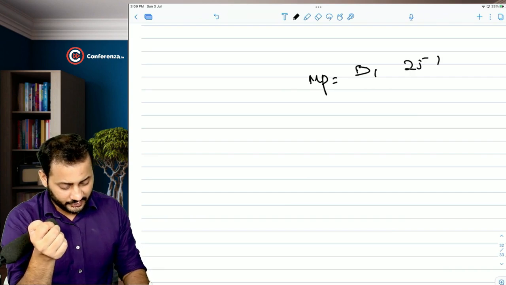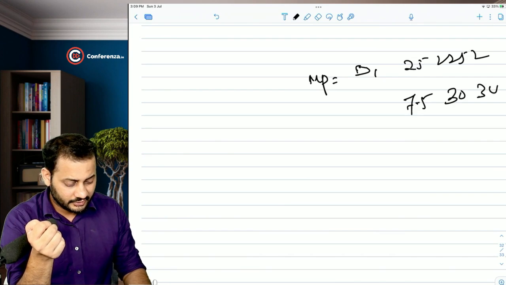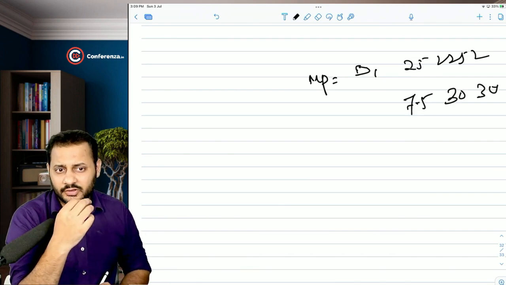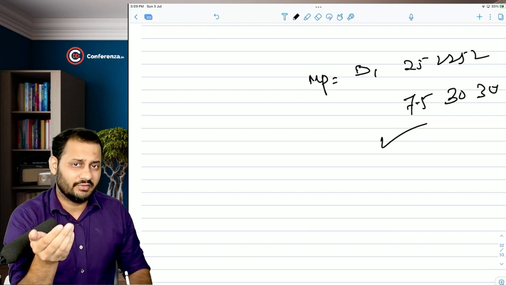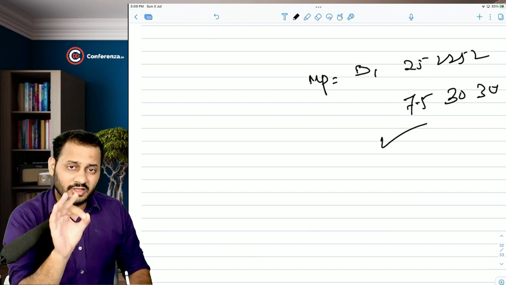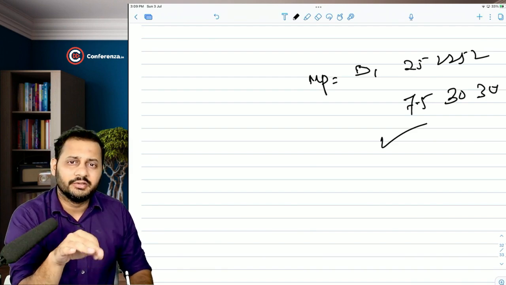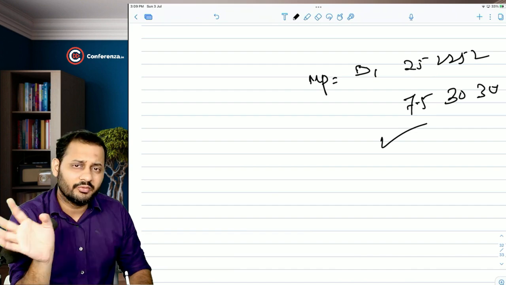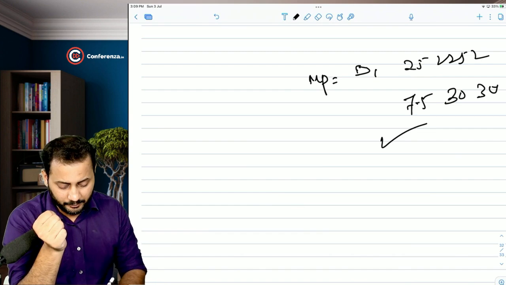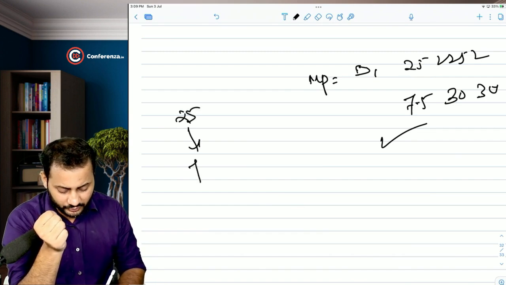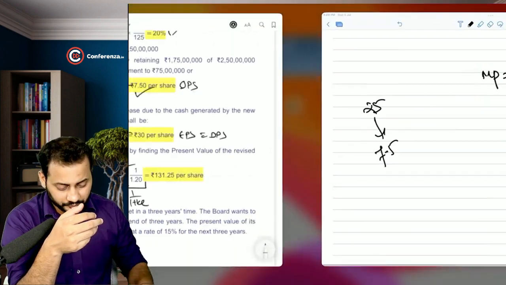Earlier he was receiving 25 and now he is receiving 7.5, 30 and onwards. So these are the only things that matter. The outflow of 175 was incurred by the company, not the investor. They will take care of it. We do not have to worry about it while calculating the market price. The impact when 25 reduced to 7.5 has already been considered by that outflow.